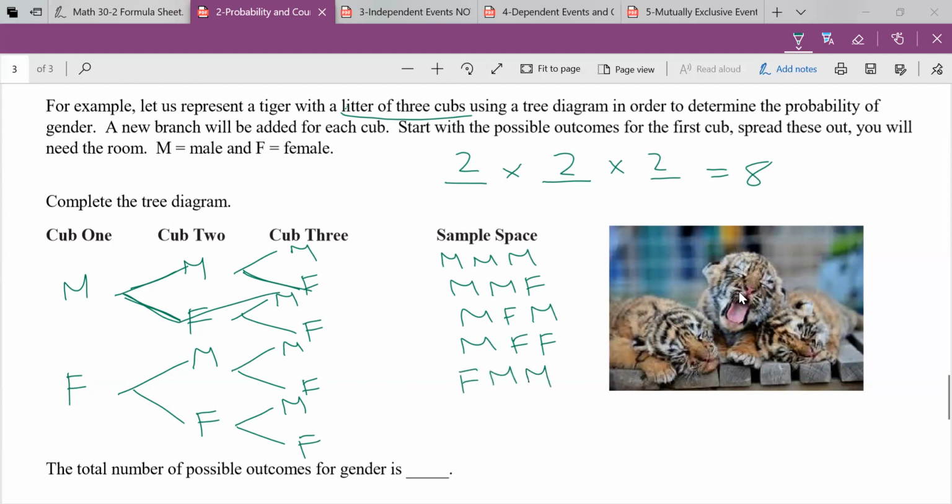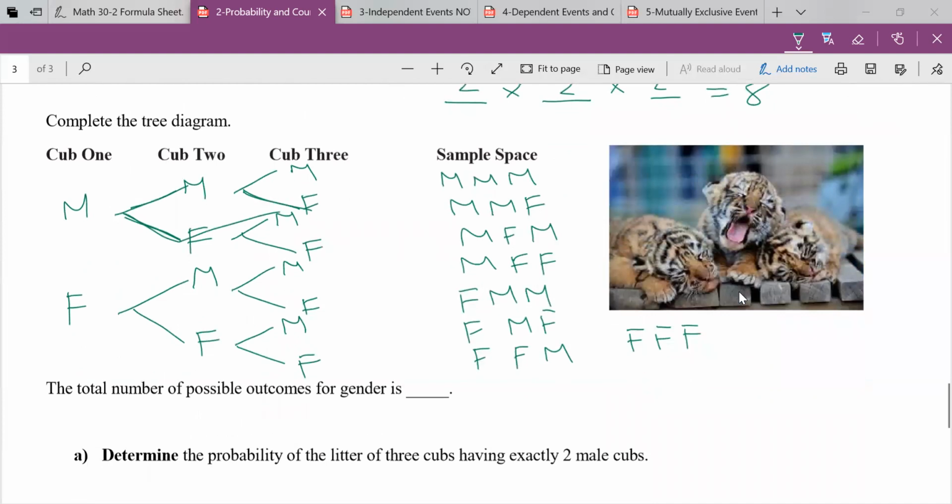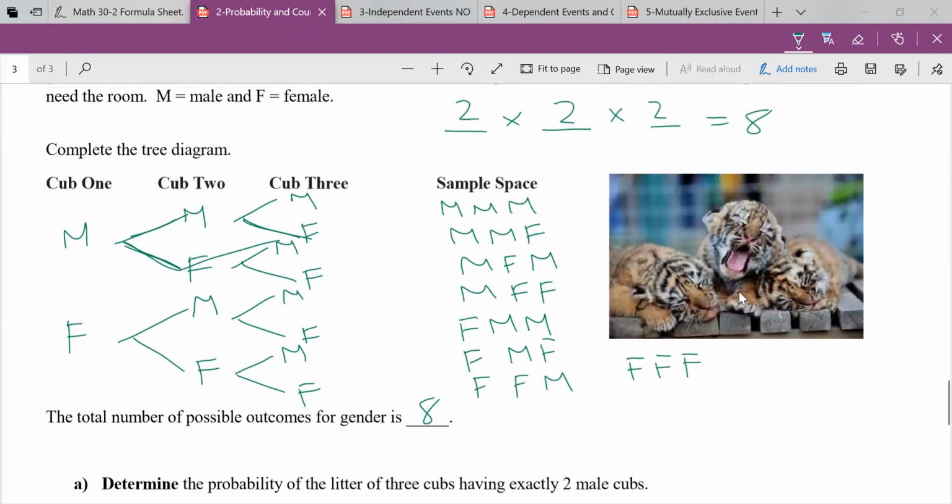Female, male, male, female, male, female, female, female, male, and I'm out of room here because this takes so darn long to draw a tree diagram. Female, female, female. Okay, so the nice thing about drawing the tree diagram is it does give us that sample space, doesn't it? And we can see that it's still 8 possible outcomes, just like we got from using the fundamental counting principle.